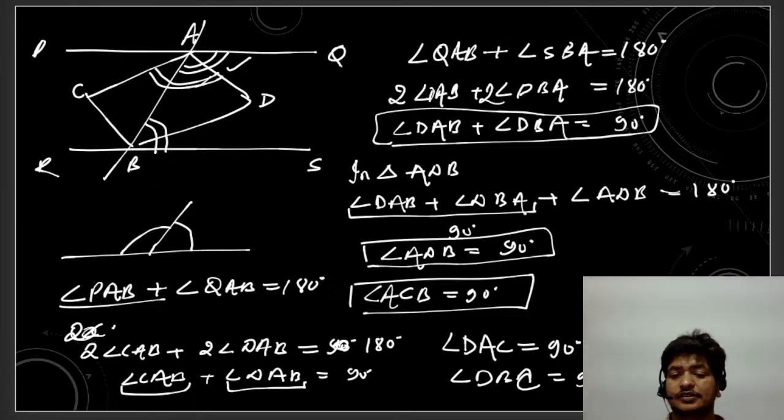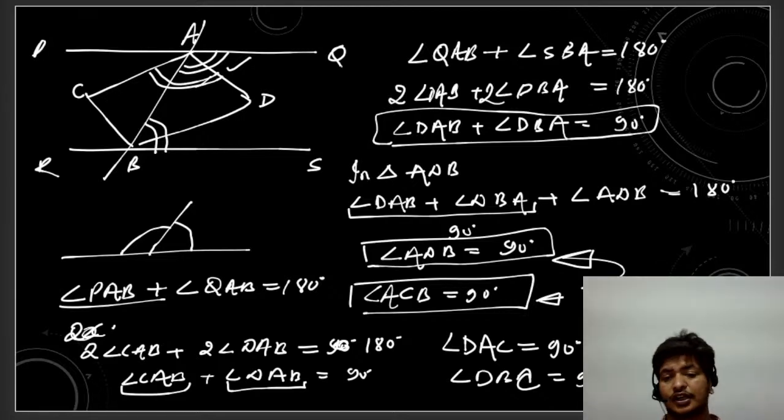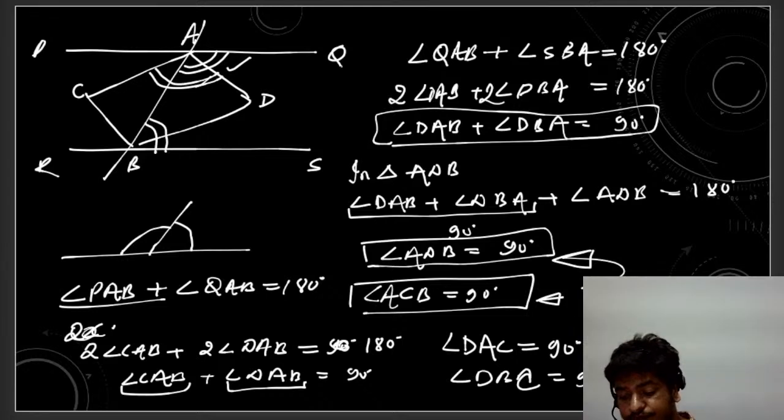So क्या हुआ मेरे पास, क्या पाया हमने, angle ADB, angle ACB, DAC and DBC, all these angles are equal to 90 degrees. Once we prove that all the angles are equal to 90 degrees, we can say that ABCD is a rectangle. Why? Because all the angles are equal to 90 degrees. So this is a theorem that we have to prove from this concept.